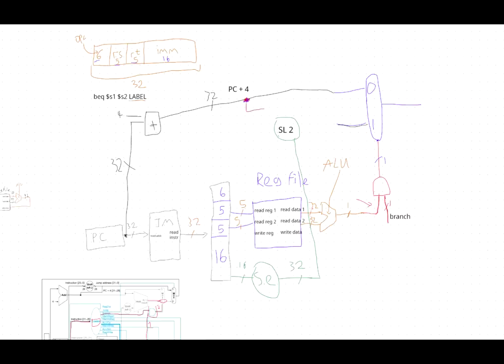Part of it is still going this way, but we also want part of it here because we want to do some math with it. We're going to add this to the immediate after we shifted it left. So the ALU here, we're gonna have this, and then the shift left. We're going to put it in here after we shift left.